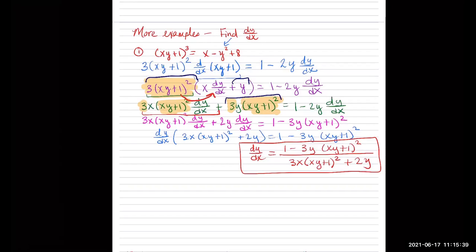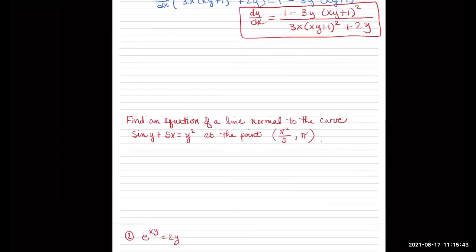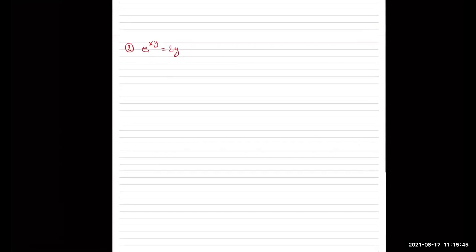Okay, so it sounds to me like you guys kind of figured out where the problem was on that one. So let's go to that next one that you see. You see the x's and y's are mixed together. So we know we're going to use implicit differentiation. So I'm just going to take the derivative of each side.